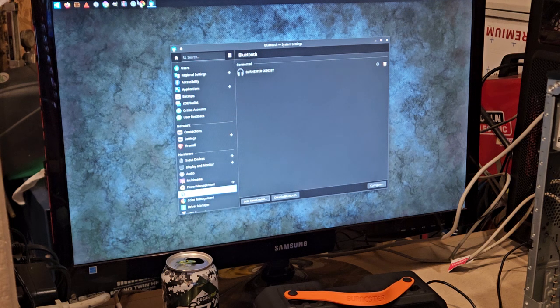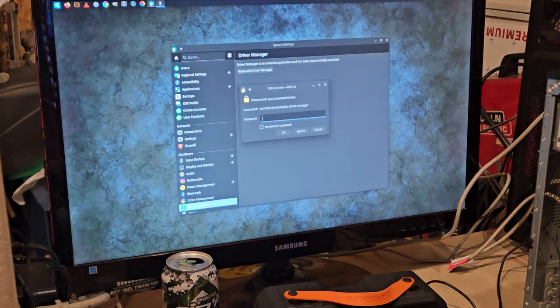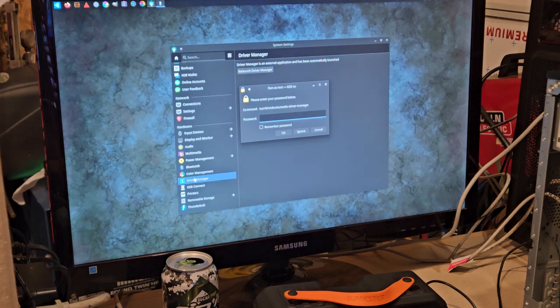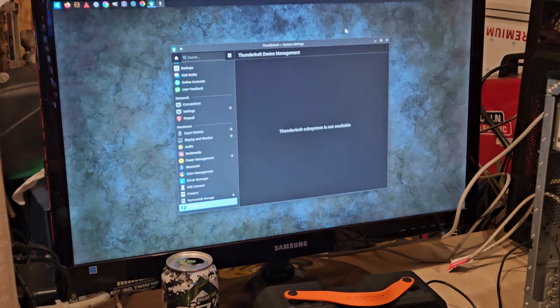Now, let's see. I don't think we need to configure anything. Device manager. Okay.